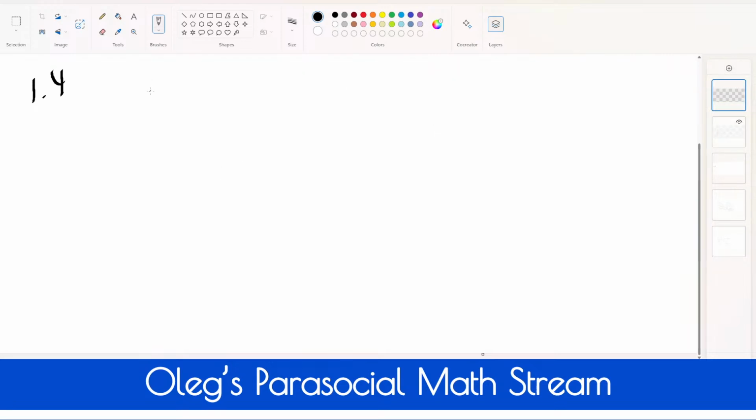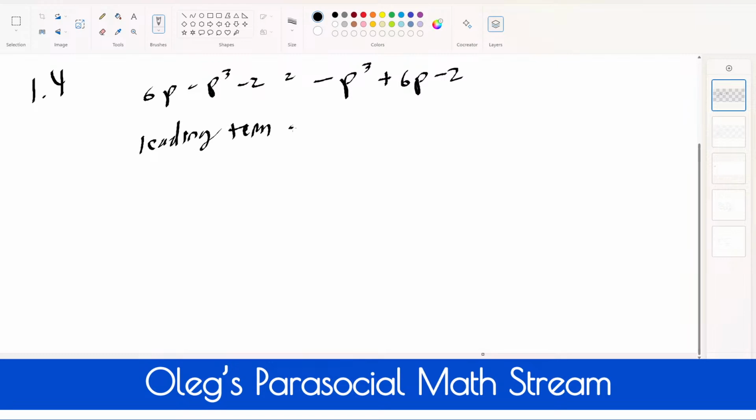we have 6p minus p to the 3rd power minus 2. Let's write this in order. Negative p to the 3rd power plus 6p minus 2. So we're going to have a leading term is negative p to the 3rd power. And then we're going to say our leading coefficient is negative 1.